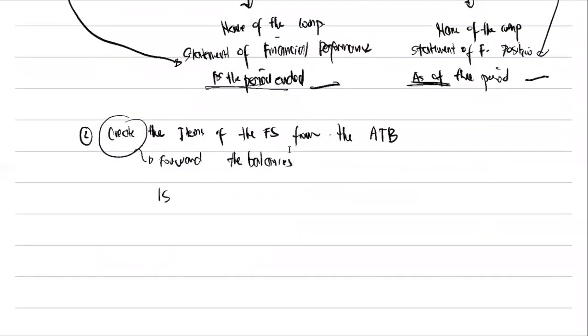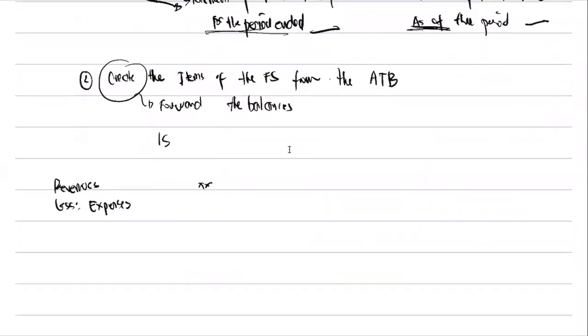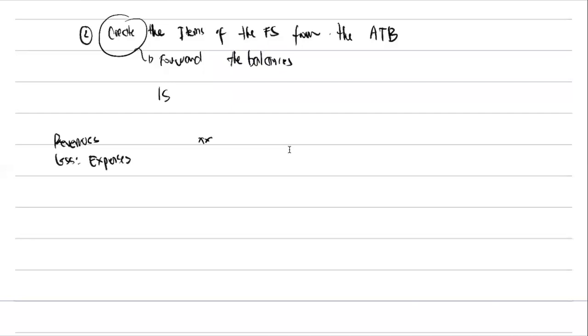So for your income statement, we have here your revenues, and then you deduct expenses. You just list down the expenses, let's say your different expenses, and then you get the total. Ayan siya, yan yung mga expenses, yan yung total niya. This is your net profit or loss.